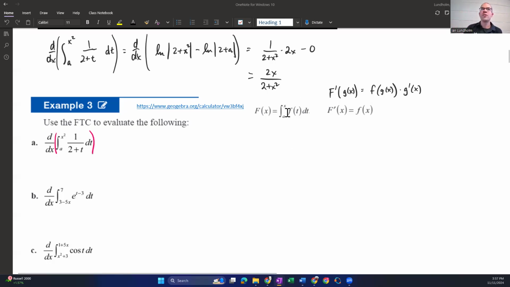But when you take the derivative of an area function and the boundary of that area function is being determined by something that isn't just plain old x, in this case it's x squared, we need to use the chain rule. This is wild, but we're taking a derivative and we need to use the chain rule because x squared is acting as the inside function and this whole integral part is acting as the outside function.